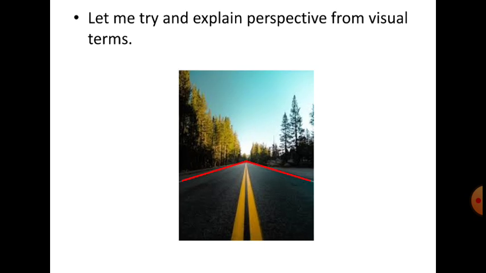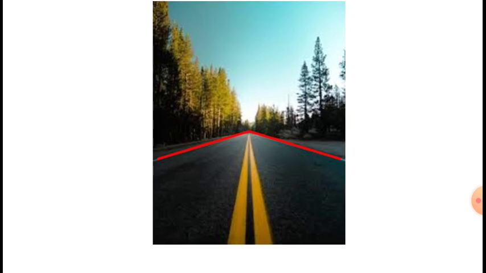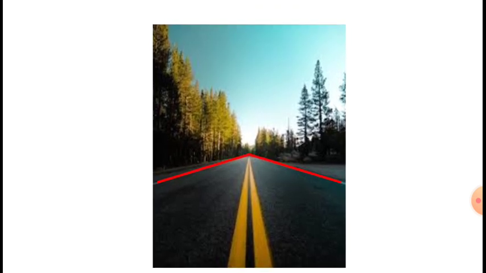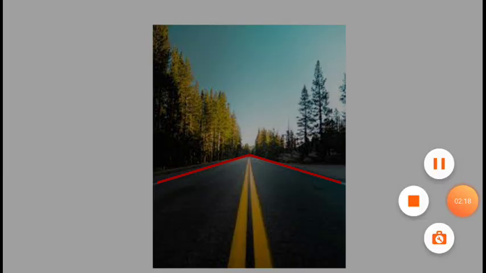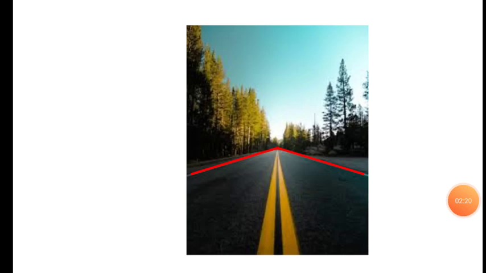You can see this object, a road along which trees are running parallel to it. You can see a red line marked over it. That is the end of the road.